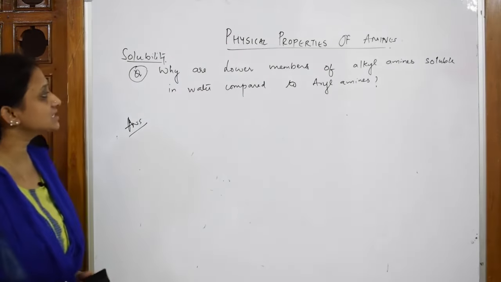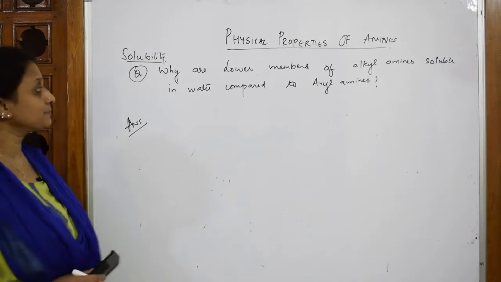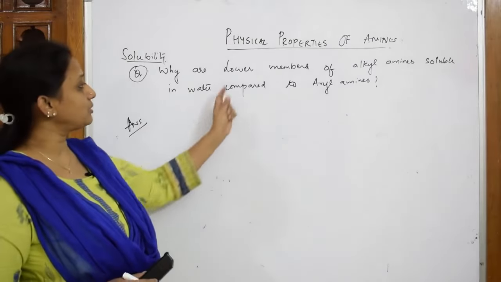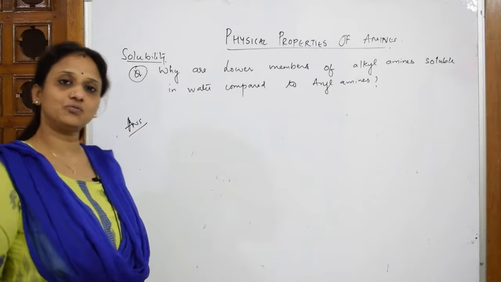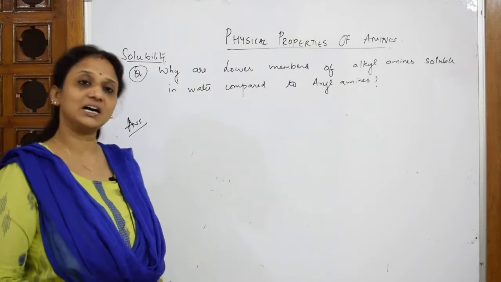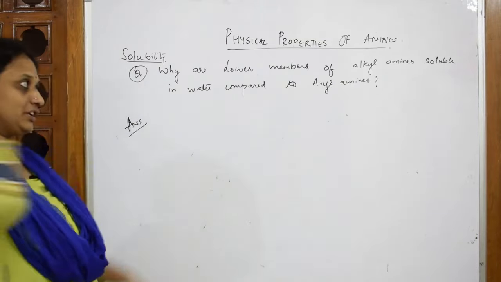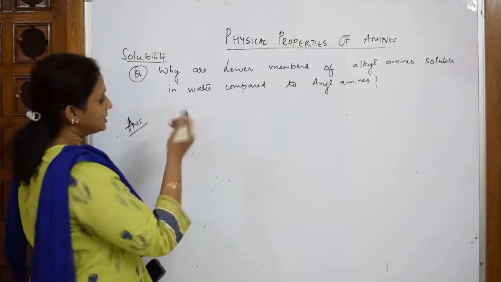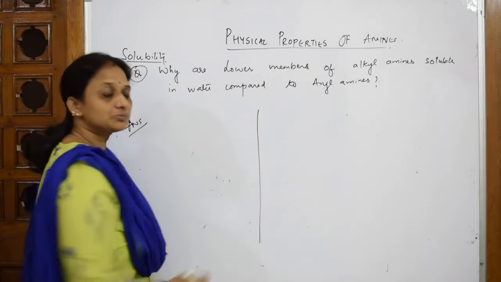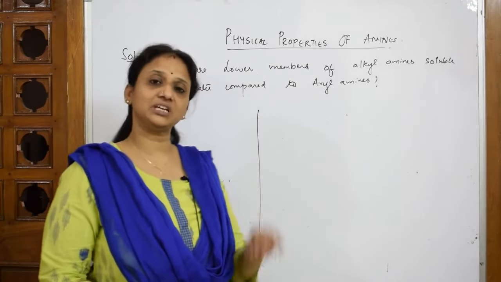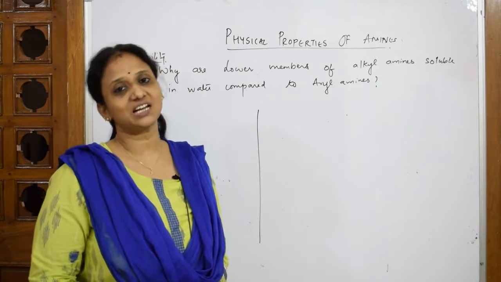So the question asked is based on solubility, a physical property. Why are lower members of alkyl amines soluble in water compared to aryl amines? So we have one alkyl amine and one aryl amine. Whenever the concept of solubility is given to you, the keyword you should use is hydrogen bonding.